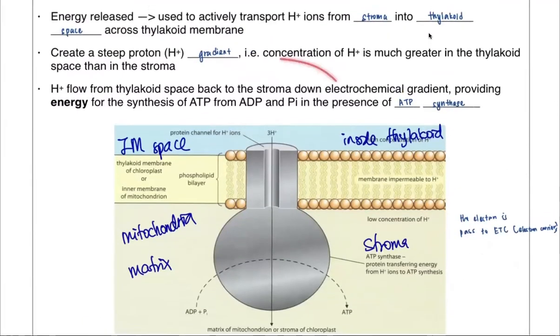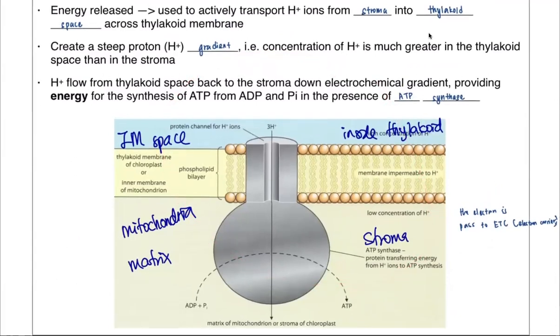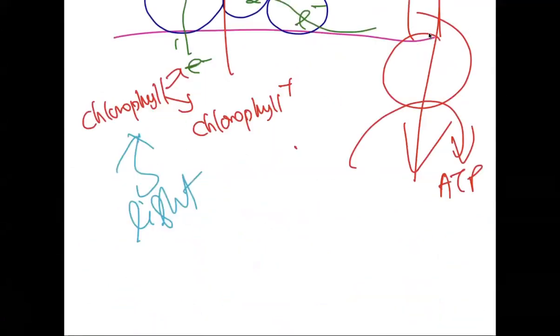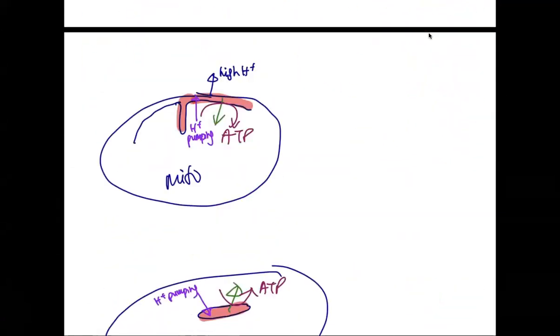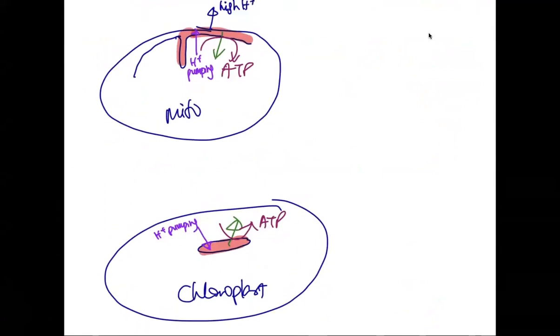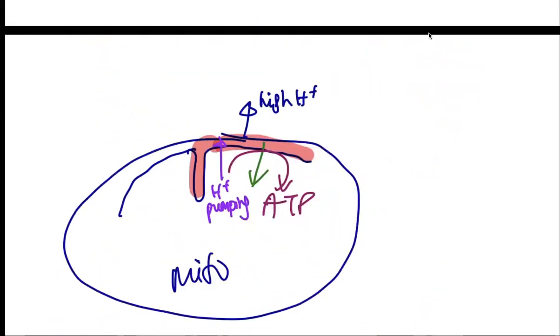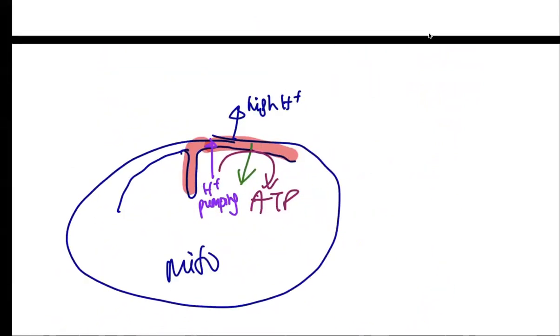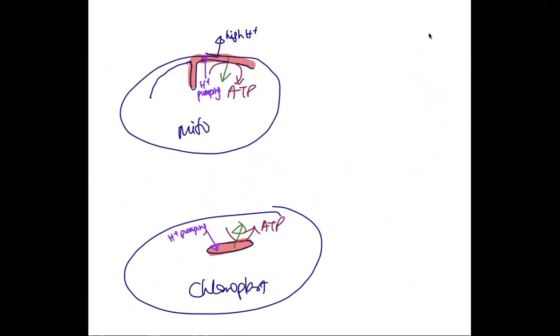But I want you to see the resemblance, some of the similar strategies used to generate ATP, whether in mitochondria or in chloroplast. Of course the difference is that in mitochondria, hydrogen ion is pumped from the matrix into the intermembrane space, in an outward direction.